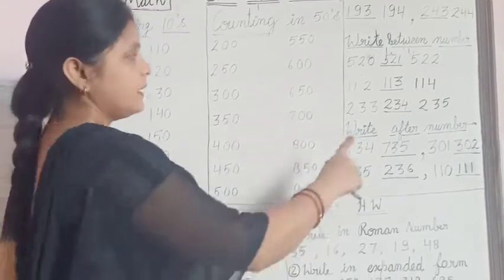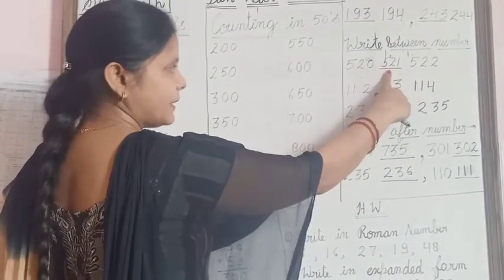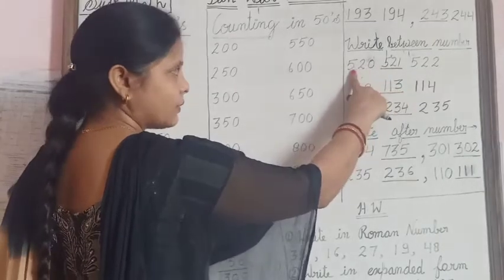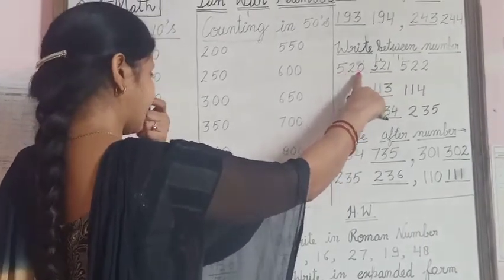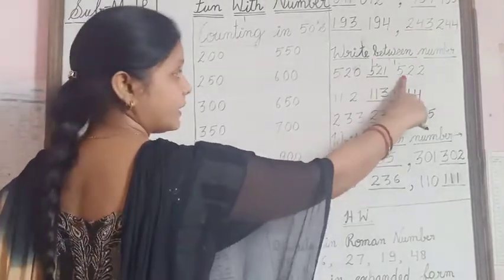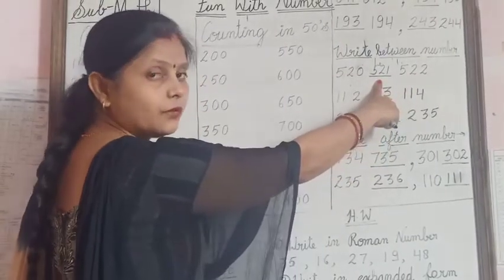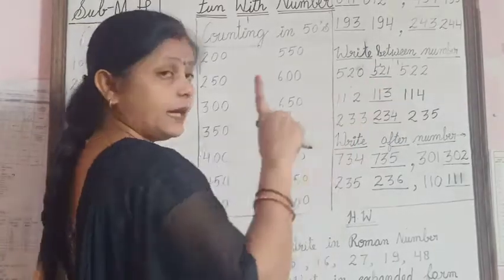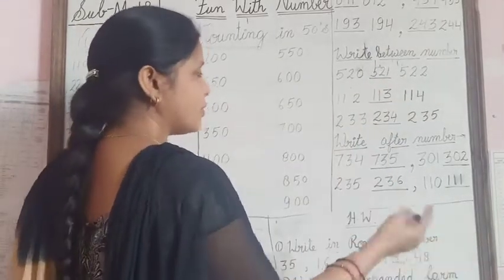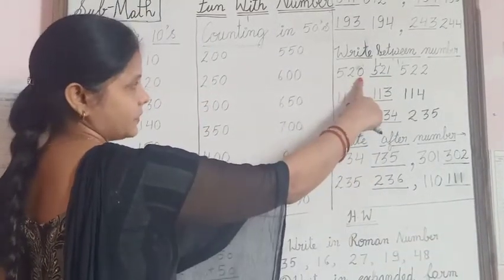If you write the between number here, count the number: 520 is here. So 521 is the between number. But if any confusion, you again have a solution. Add 1.